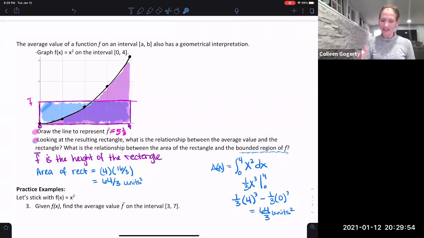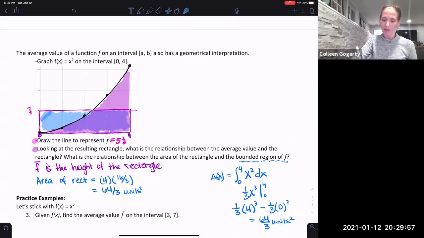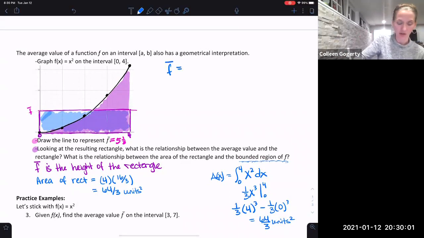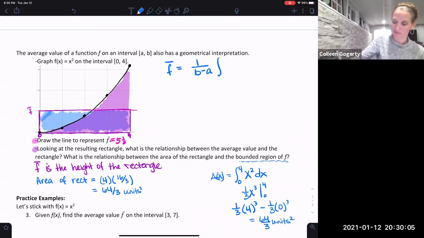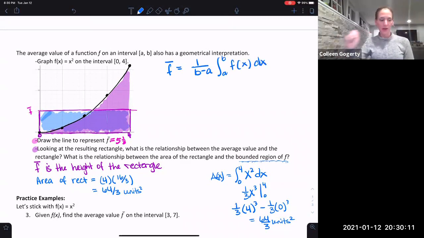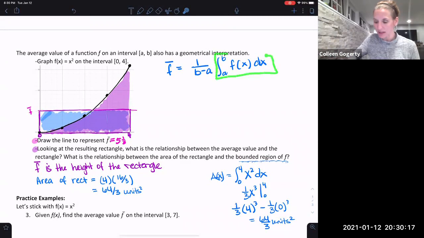Does that get proven here? Let's go back and look at the definition of our average value, from a to b of f of x dx. We already know from previous sections that this means the area under the curve.